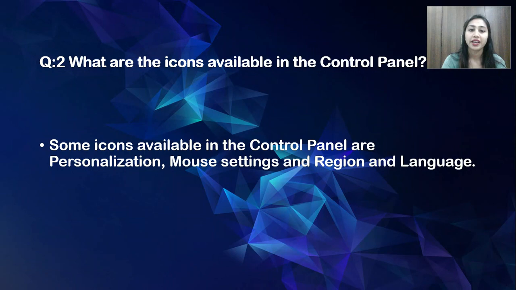Now, our next question is, what are the icons available in the control panel? So students, the icons which we taught today are available in the control panel. Some icons available in the control panel are personalization, mouse settings and region and language.